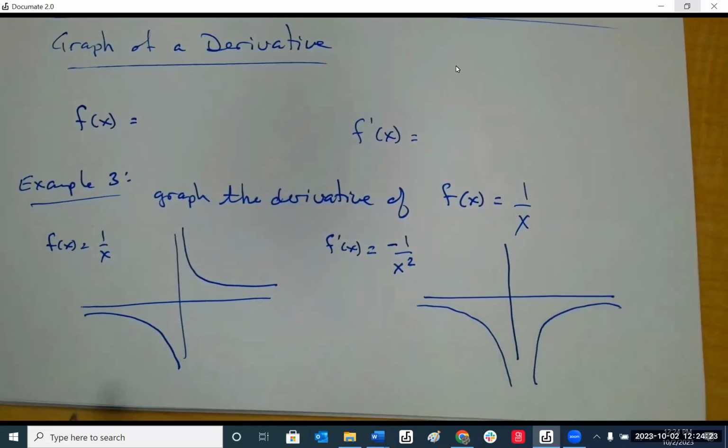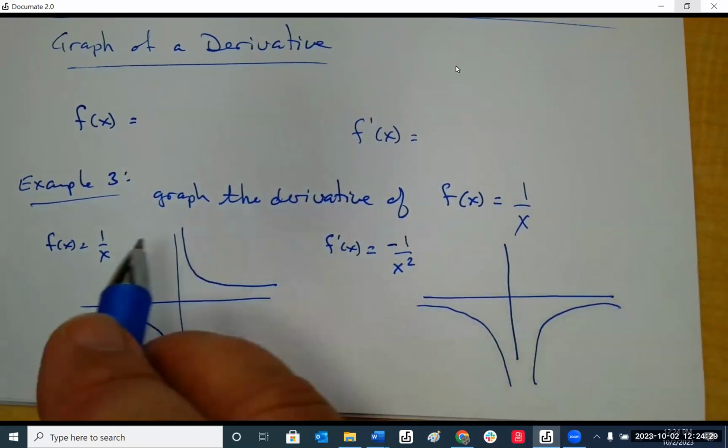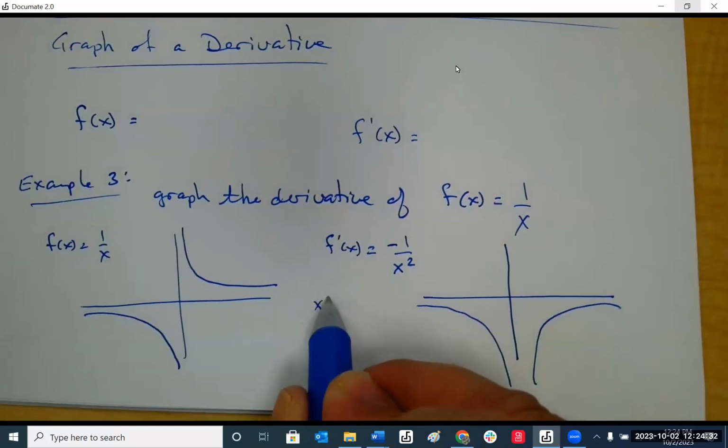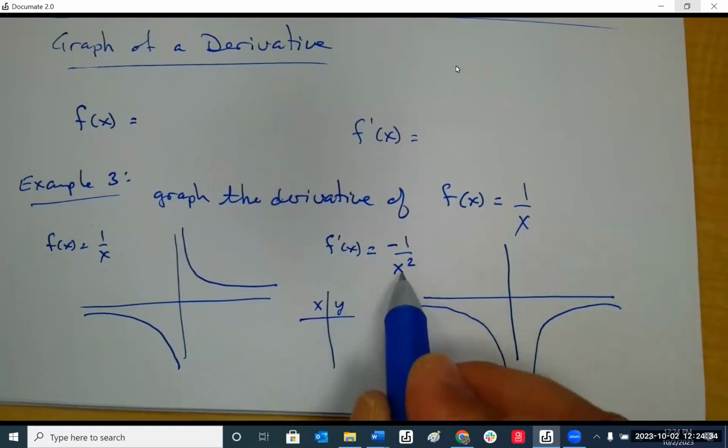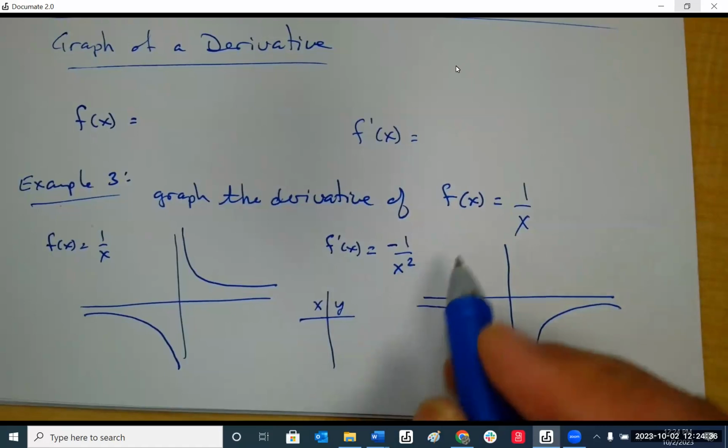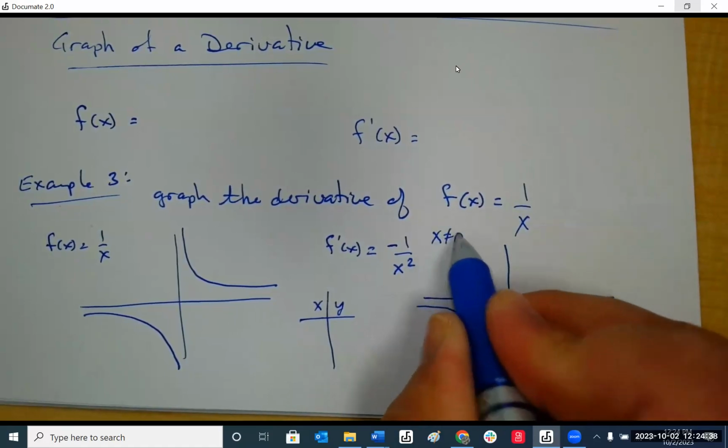The way you can do it is once you find the derivative, start plugging points in. We know that we cannot have 0 on the bottom. So x cannot equal 0.